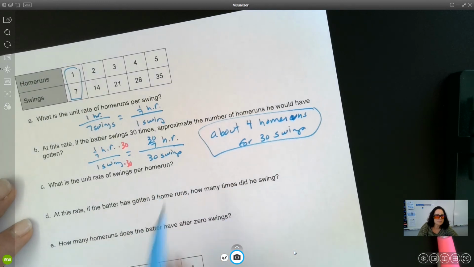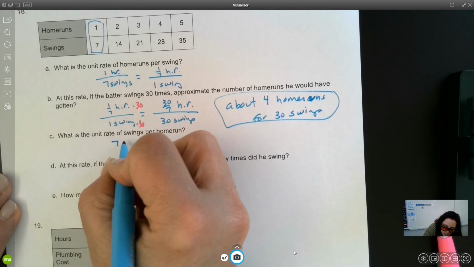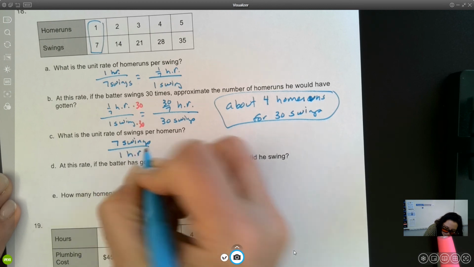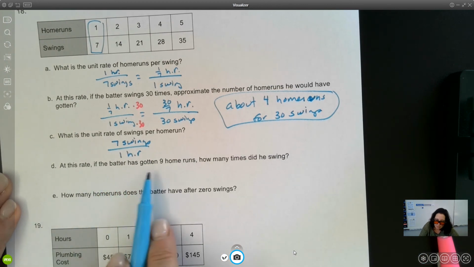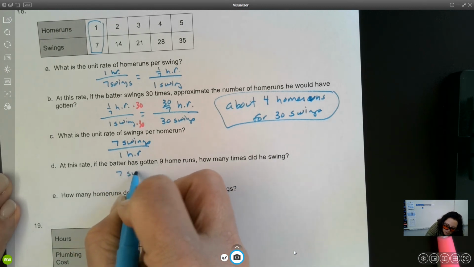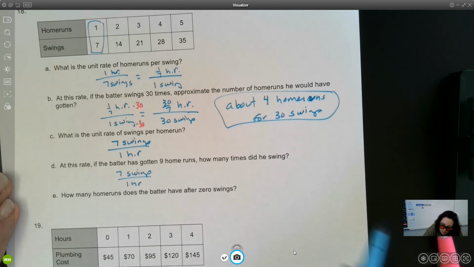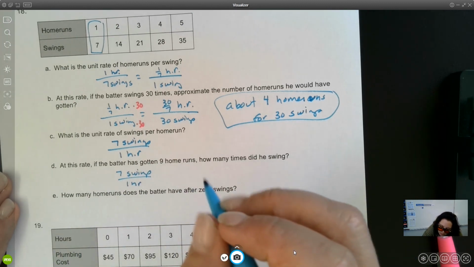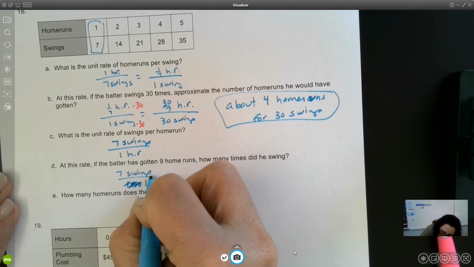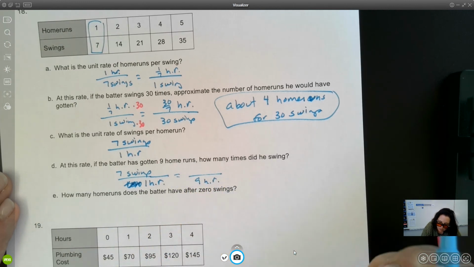This is not your answer. What is the unit rate of swings per home run? Well, that one's nice because we have it already with a 1 in the bottom. At this rate, if they have gotten 9 home runs, how many times did he swing? So we're going to use our 7 swings in 1 home run. Okay, and we want this to be 9 home runs.